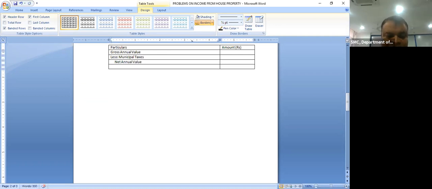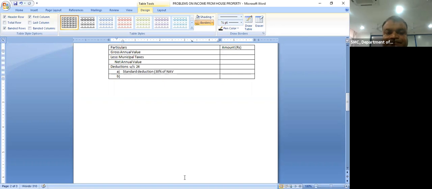And from the net annual value, we will do the deductions under section 24, correct? And under section 24, A, we have standard deduction, where that is 30% of NAV.